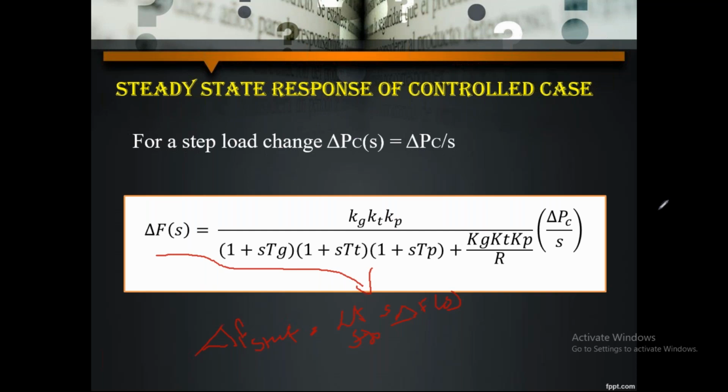After substituting in the Laplace transform, what will you get? So here s gets cancelled, and substitute s equal to 0. Then finally you will get K_g K_t K_p divided by 1 plus K_g K_t K_p divided by R, into delta PC. So this is the equation we will get here.